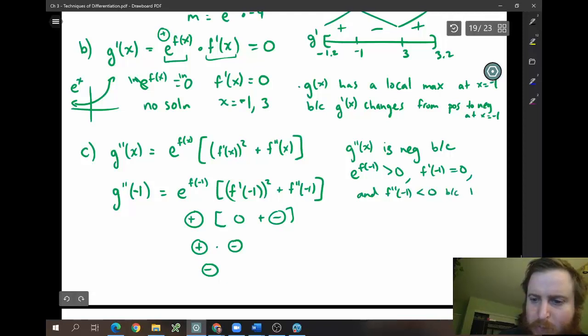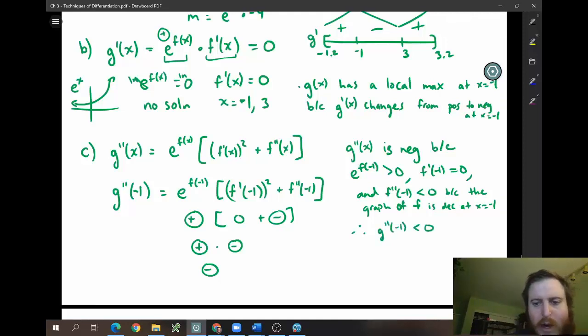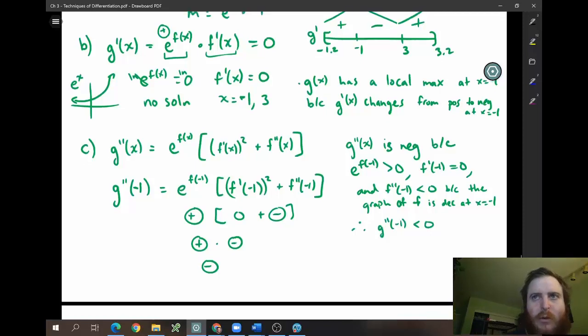Because the graph of f, because we have two terms, is decreasing at x equals -1. Therefore, g double prime of -1 is less than 0. So kind of showing our work on the left and explaining the values on the right will work.